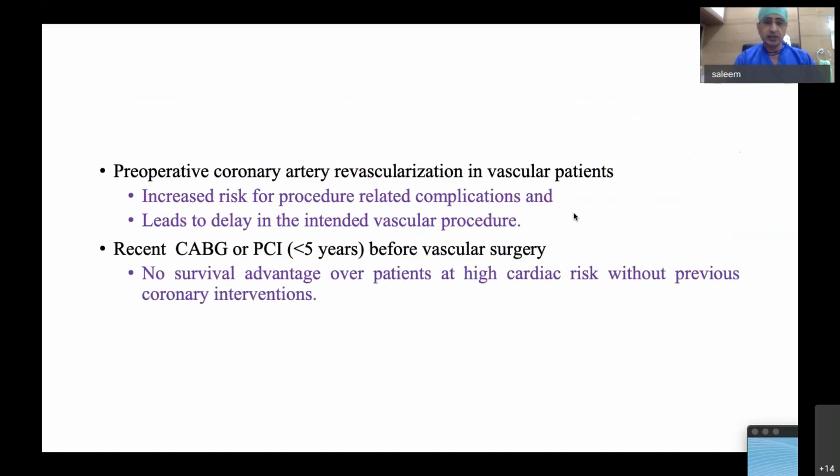So preoperative coronary artery revascularization in vascular patients increases the risk of procedure-related complications and leads to delay in the intended vascular procedures. With a recent CABG or percutaneous intervention within 5 years before vascular surgery, there is no survival advantage over patients at high cardiac risk without previous coronary interventions.